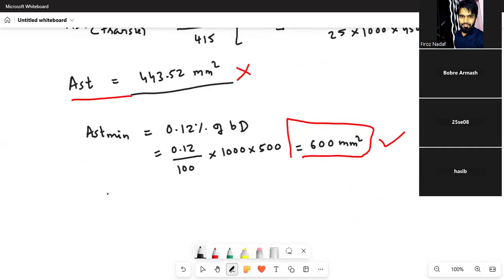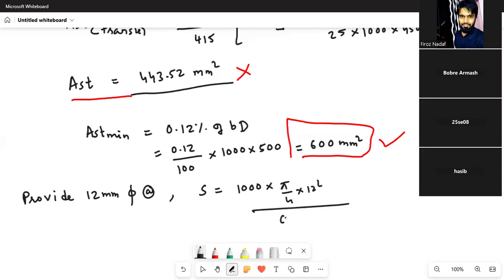So I will provide 12 mm transverse bar. Provide 12 mm bar at the rate of spacing; I will take spacing equal to 1000 into 5 by 4 into 12 square divided by 600.